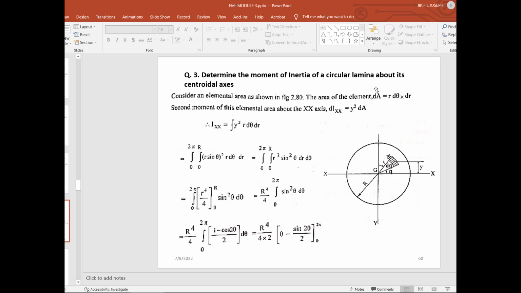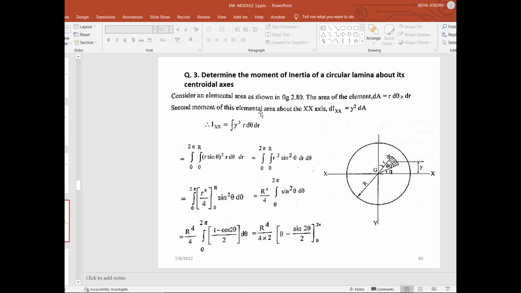Determine the moment of inertia of the circular lamina about its centroidal axis. So we have the circular lamina. Consider the elemental area as shown in figure 2.80. The area of the element is dA equal to r into d theta into dr. So dr is the elemental thickness, r into d theta will be this value, and into dr will be the elemental area.